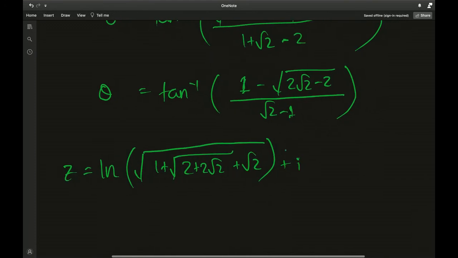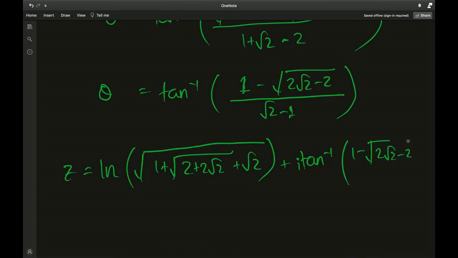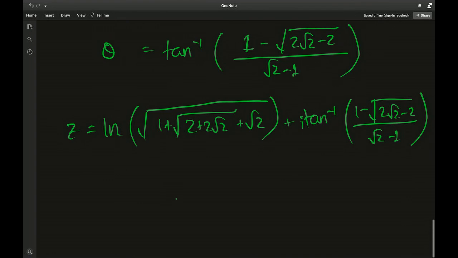So i times theta, which is inverse tangent of 1 minus square root of (2 root 2 minus 2) over root 2 minus 1. That is the value of z basically.